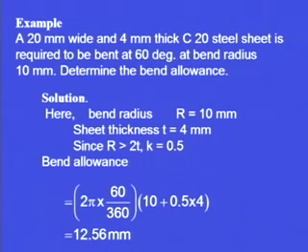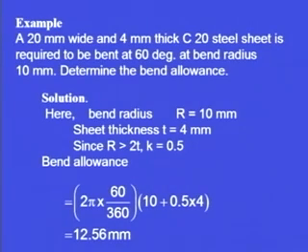The problem states that a 20 millimeter wide and 4 millimeter thick C20 steel sheet. Three important parameters have been specified in the first sentence itself: 20 millimeter wide gives the width of the sheet metal, 4 millimeter thick gives the thickness, and C20 steel specifies the material of the sheet.